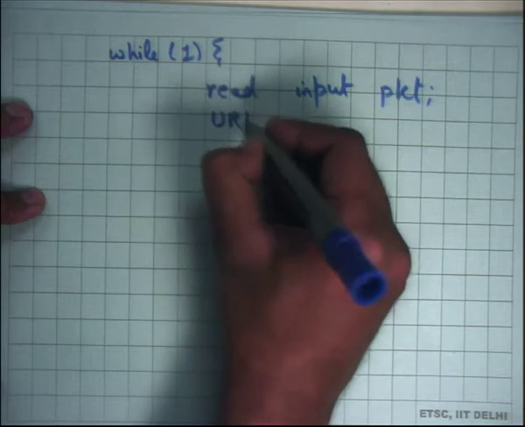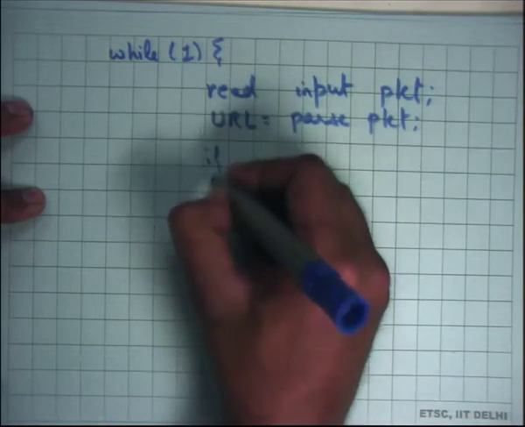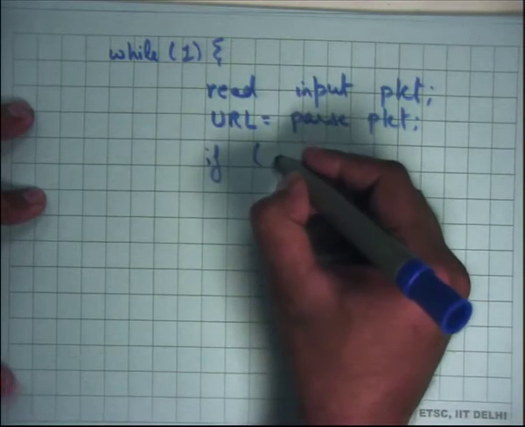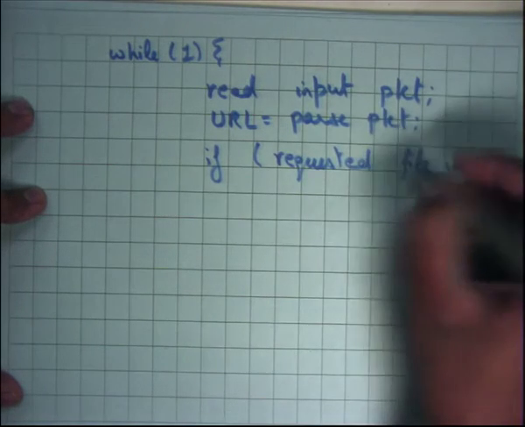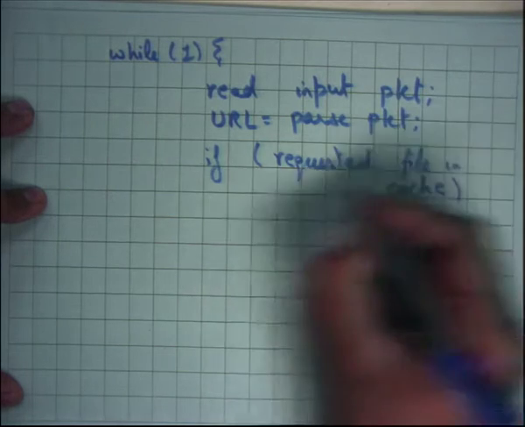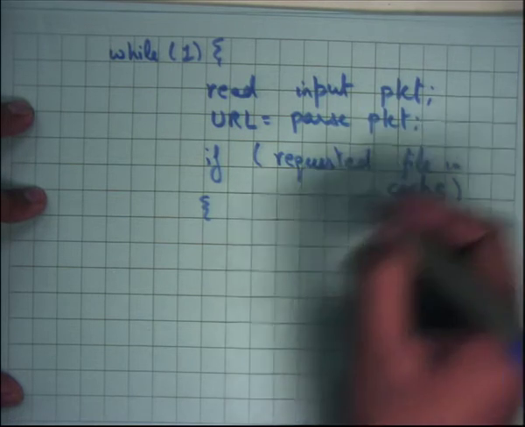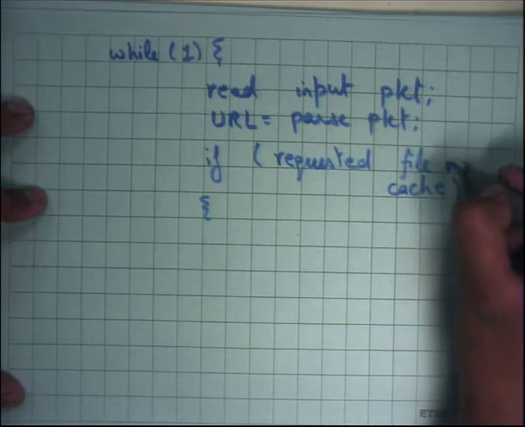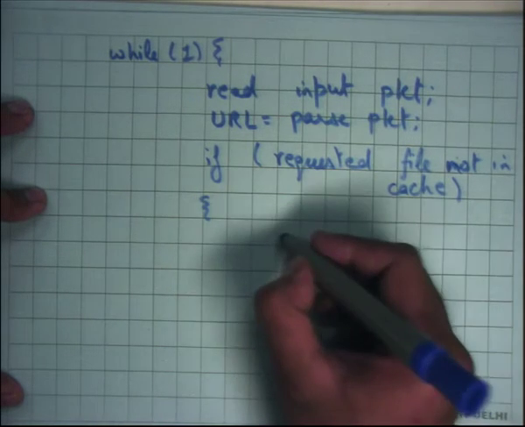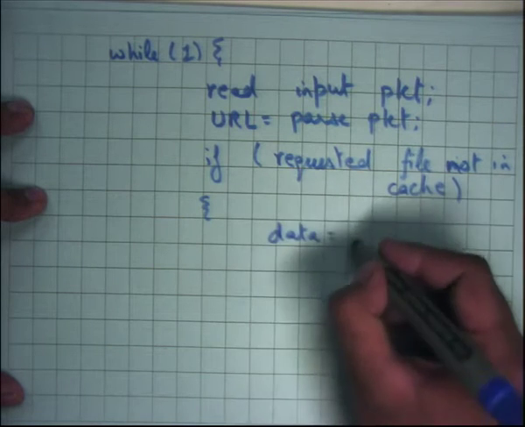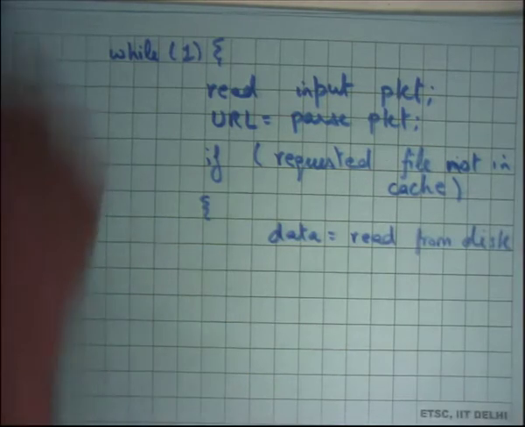Let's say URL is equal to parse packet, and then if requested file is not in cache, then data is equal to read from disk.